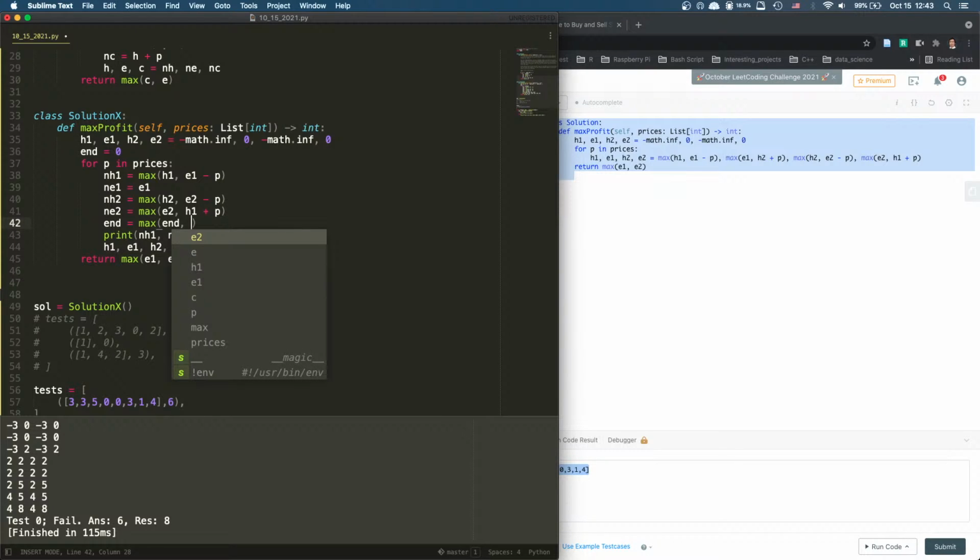Because if I'm at the end state, I just stay at the end state, or H2 plus P, right? And then, let's say end equals end.